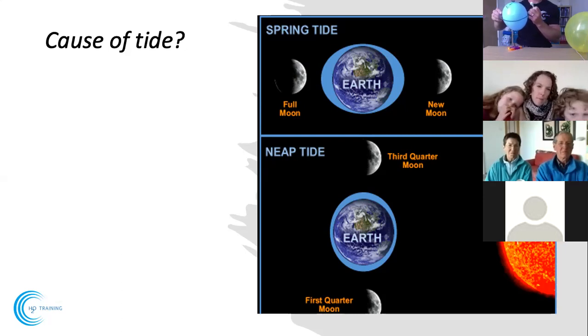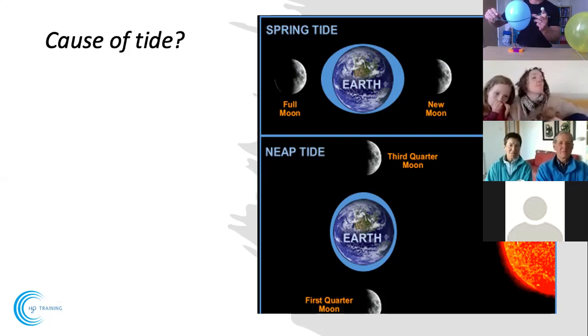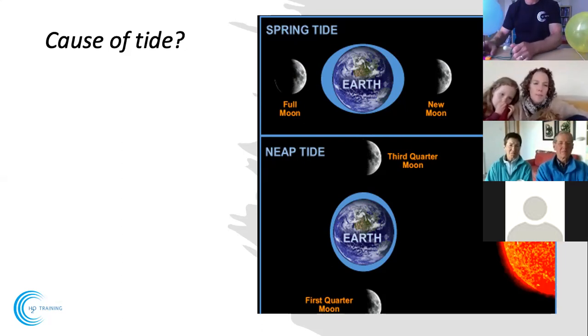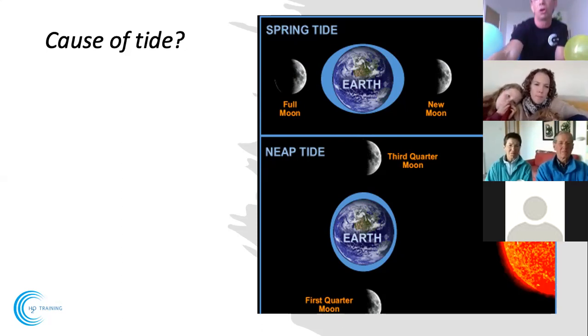But if you were stood on this part of the earth, the water would be really, really low. So it would be low tide. So what we have is the moon pulling the water towards it, and that has an opposite reaction on the other side as well. So it's deep water on this side, and it's shallow water on this side. And so the tide is caused by the effect of the moon, and to a lesser extent, the sun.